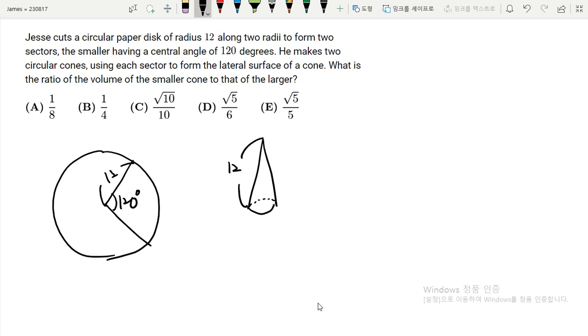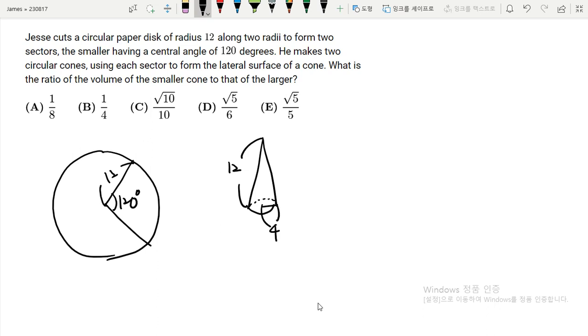And because the central angle is 120 degrees, that's one third of the circumference of the big circle. So that means a pi. To have the circumference of a pi, the radius should be 4.